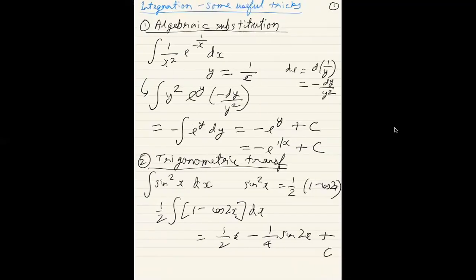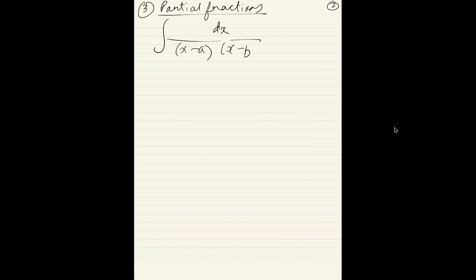The third one, which shows up a lot, is called partial fractions, where you have integrals of the form dx over (x minus a)(x minus b).